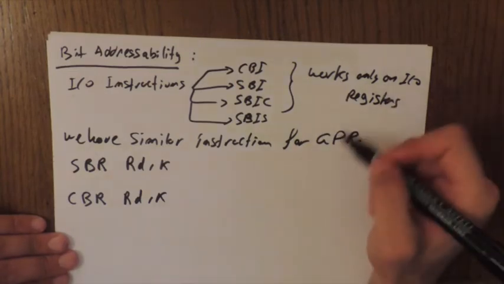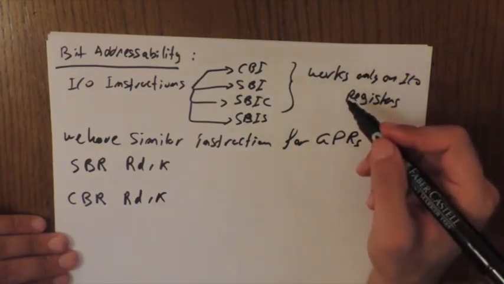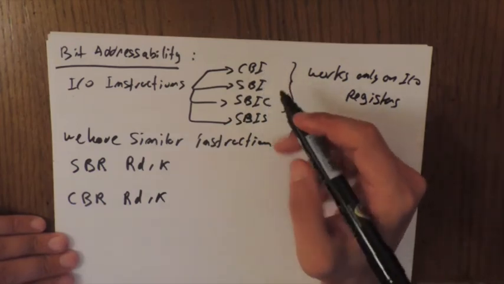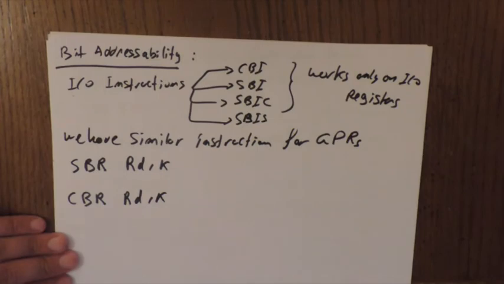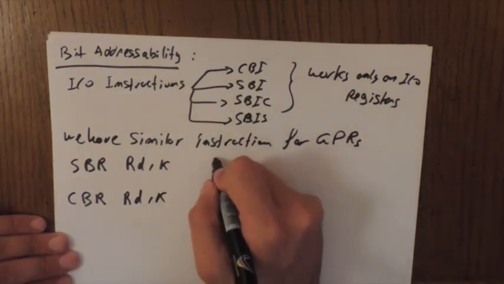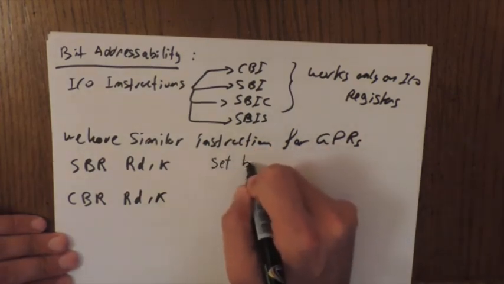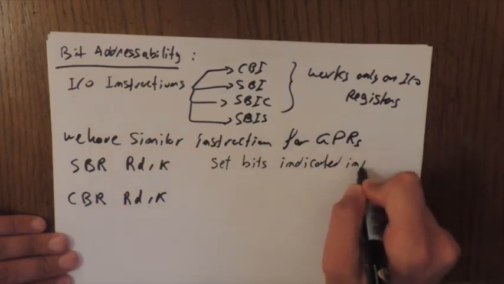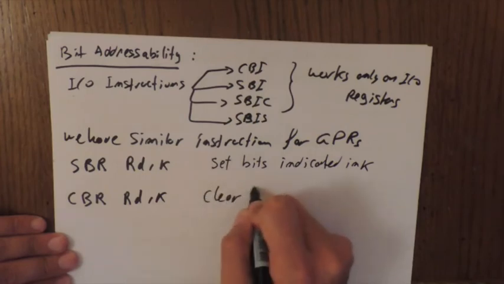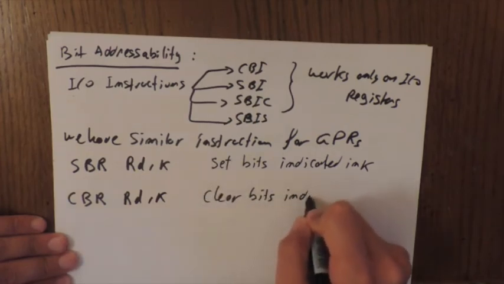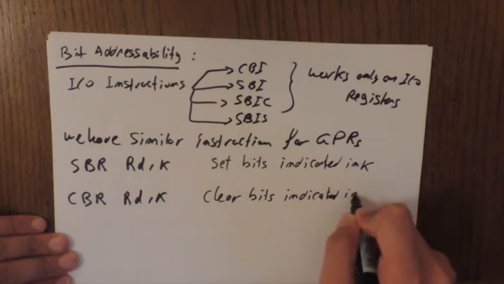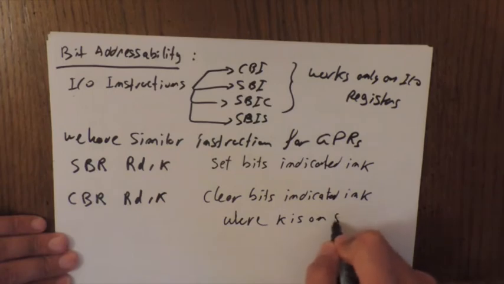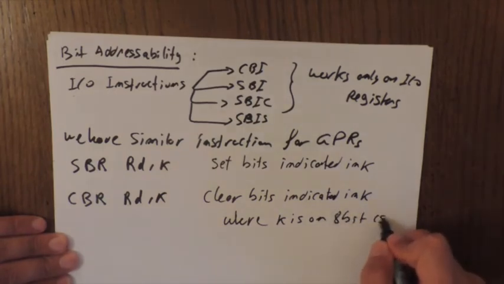However, these have different functionalities from those which take just the bit location. So with SBR, we set bits indicated in K, and here with CBR we clear bits indicated in K, where K is an 8-bit constant.